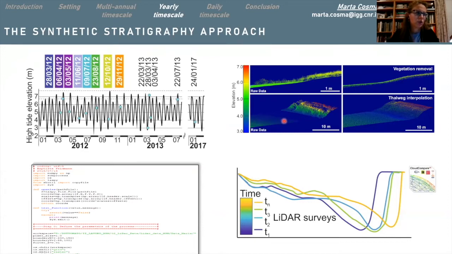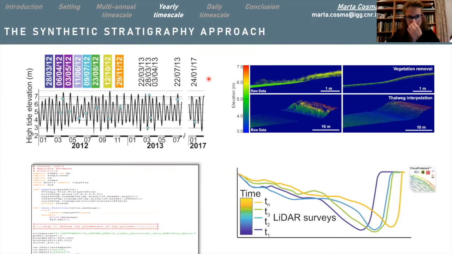Using a particular plugin in CloudCompare, we were able to reconstruct and interpolate the channel talweg.